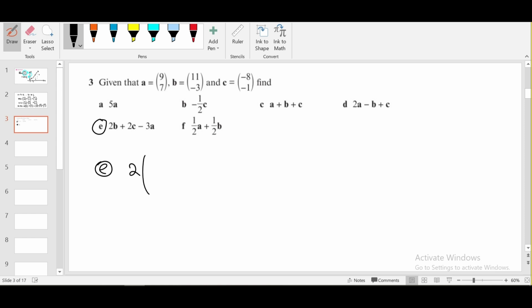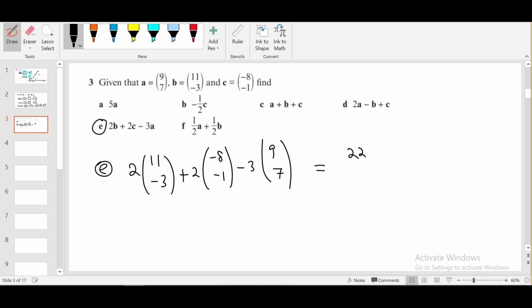2B, I write the vector B, plus 2C, minus 3A, correct? Simplify them. 2 times 11, 2 times minus 8, minus 3 times 9. Do you understand what I'm doing? Simplify.